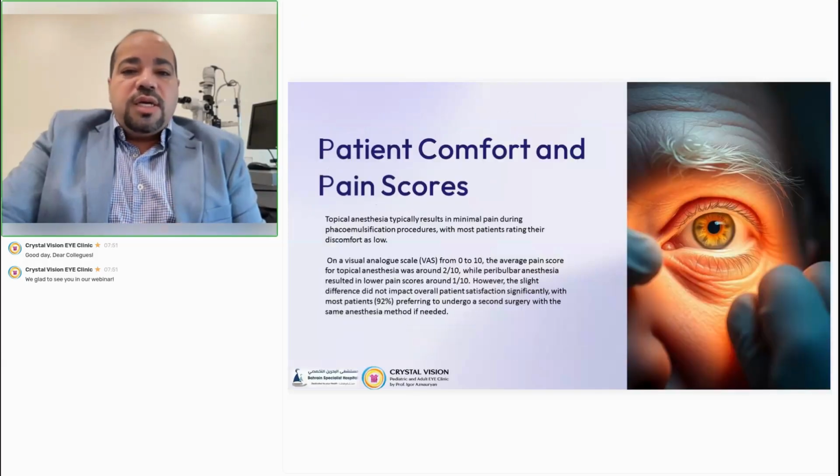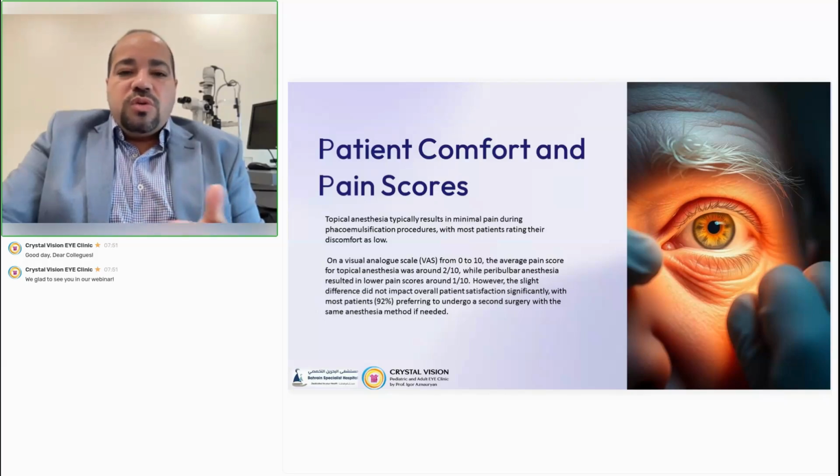Patient comfort and pain scores. Topical anesthesia and local anesthesia both provide the patient a near score on the visual analog scale, from 0 to 10. Topical anesthesia score is 2, and it is 1 for local anesthesia.